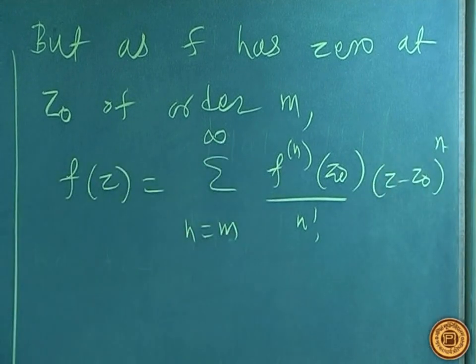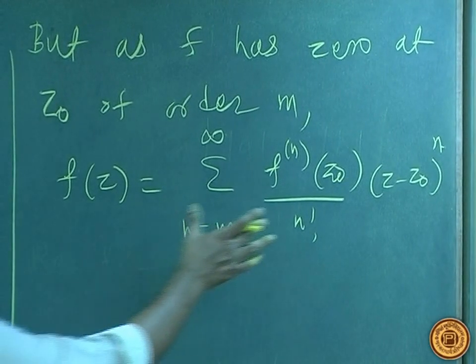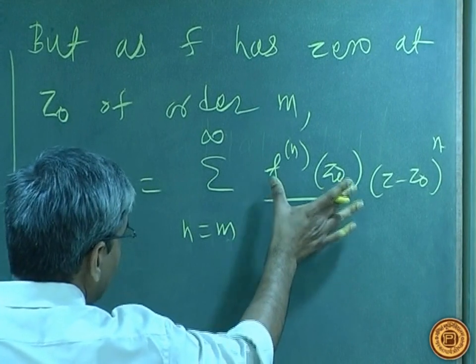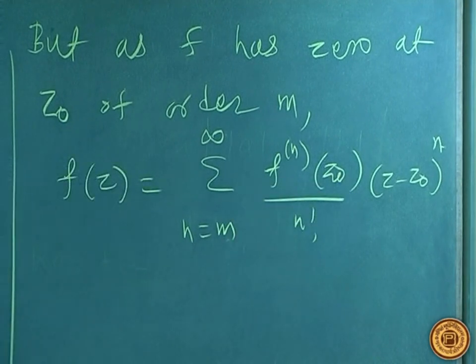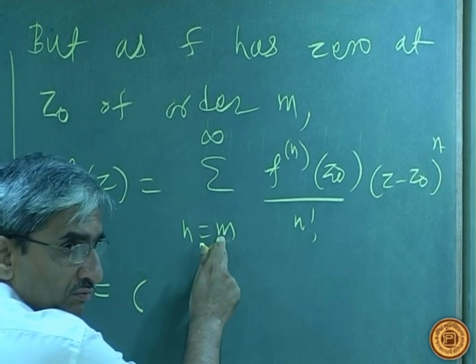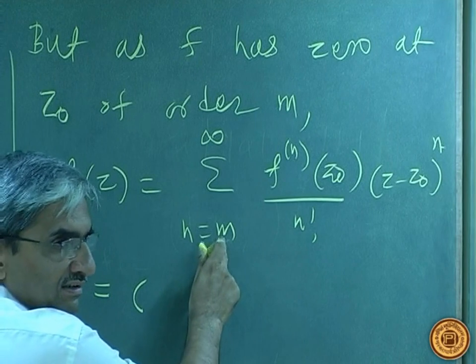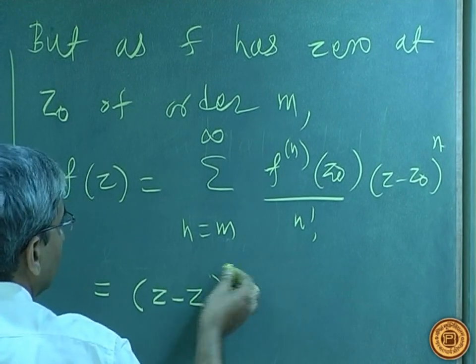It starts with m. Now you also know that the mth derivative is not 0, because it is a zero of order m. So if you take this (z minus z naught) raised to m, the first term, outside, now you can take that out by the product of a polynomial and a power series.